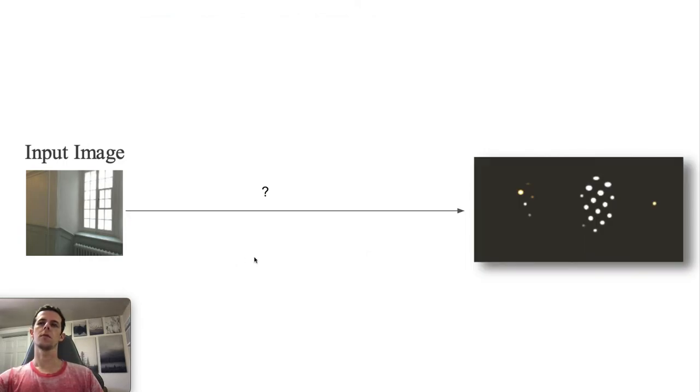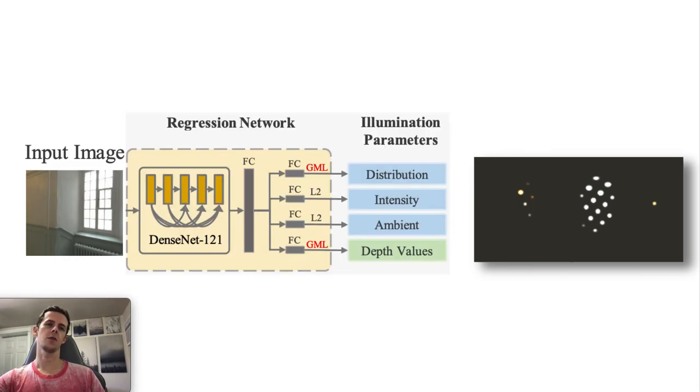And then you wonder, okay, how do I go from this input image to this kind of interesting representation, right? And maybe if you're into computer vision these days, the answer is almost always the same. You go with a network. So in this case, they have a regression network that actually does a little bit more, but I'm not going into details this time. And it outputs some values that enable the creation of this image.